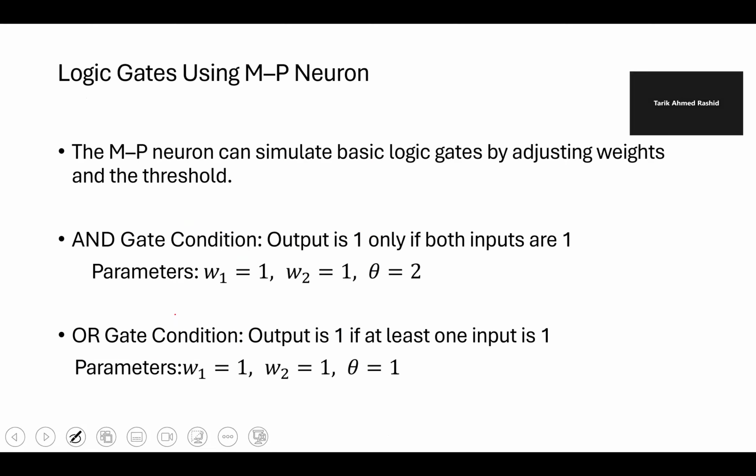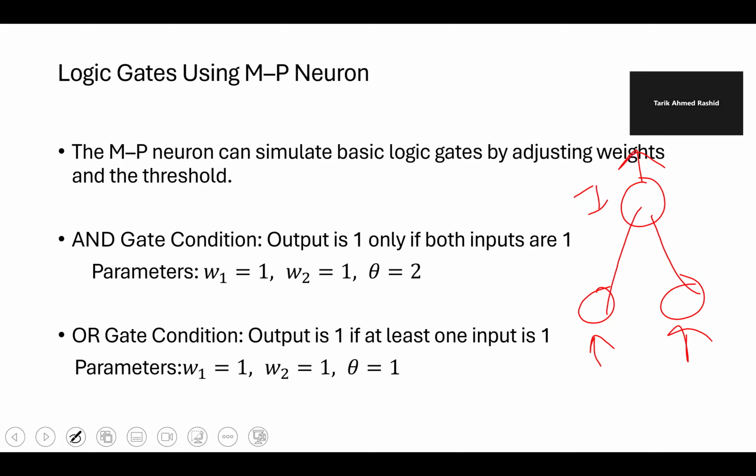The McCulloch-Pitts neuron can simulate basic logic gates by adjusting weights and the threshold. AND gate, if we represent it with 2 neurons and 1 output. For the AND gate, if you want the output to be 1, these are the inputs. To get output 1, they need both inputs.